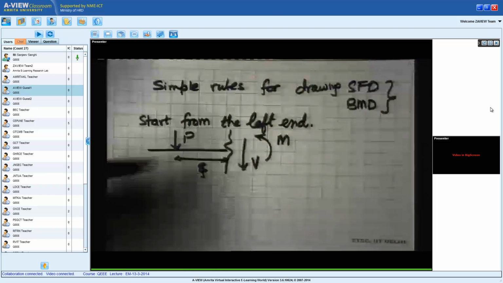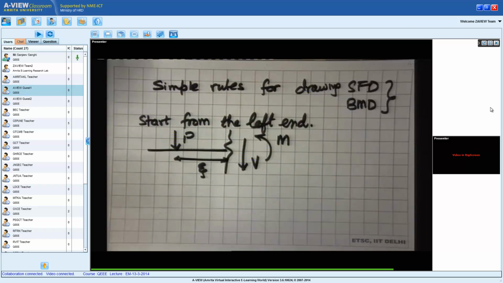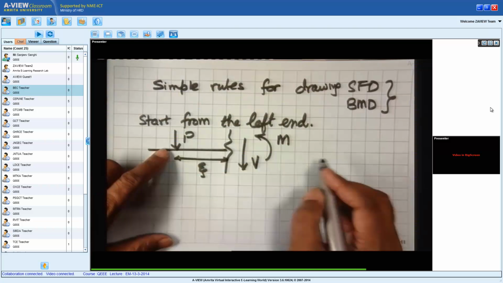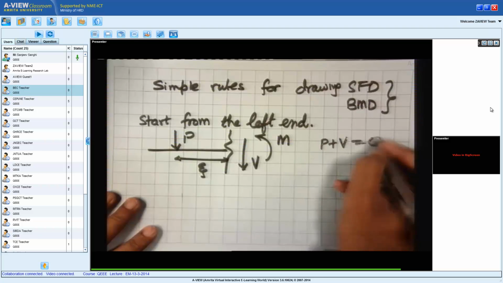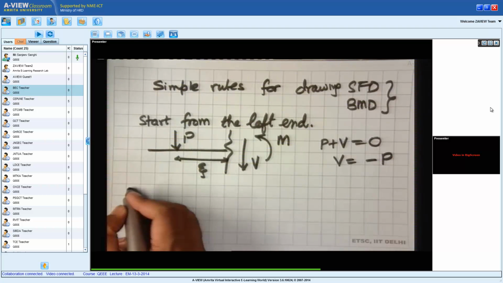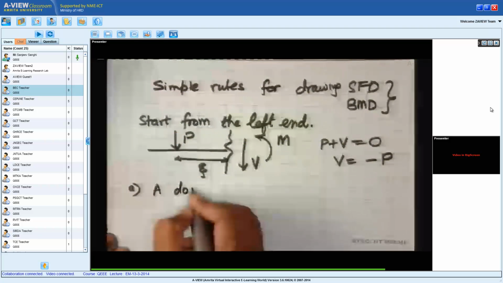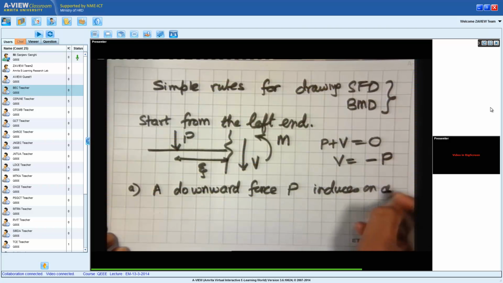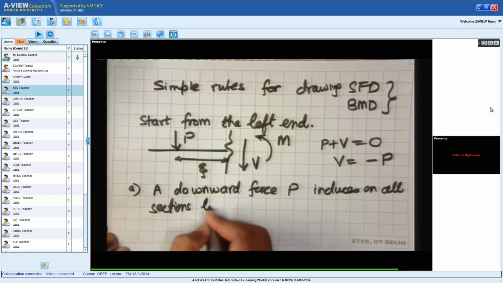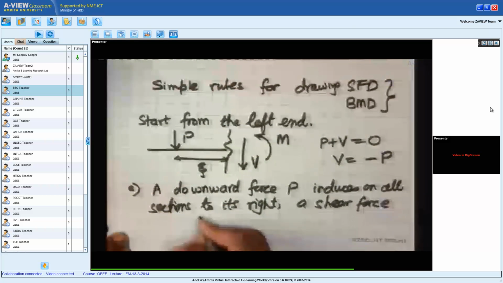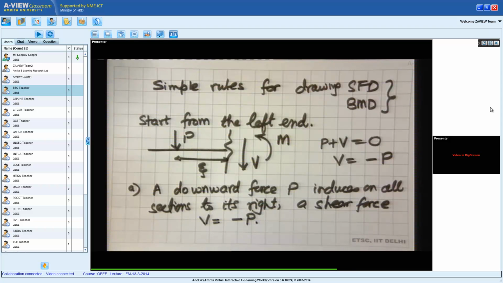What I am trying to tell you is what is the effect of a point force P, a single concentrated force P acting downwards, on V. If I do sigma Fy equal to 0, I will get P plus V equal to 0, so the effect on V will be minus P. Therefore, rule number 1: a downward force P induces on all sections to its right a shear force V equal to minus P. So you start from one end.